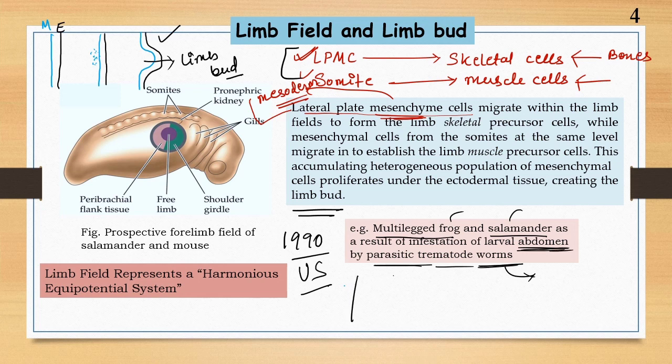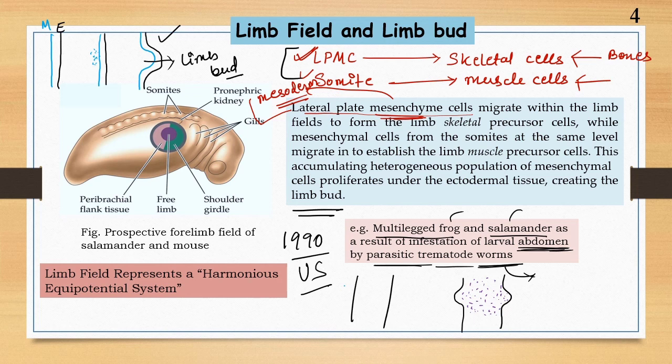Suppose this is the body trunk and it has been infected with worms. This body trunk will have a limb bud also, and the worms that infected the body trunk used to lay eggs. The eggs used to get scattered in the body including the limb bud.